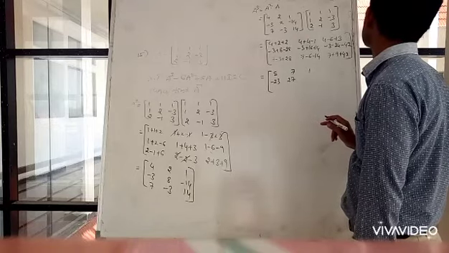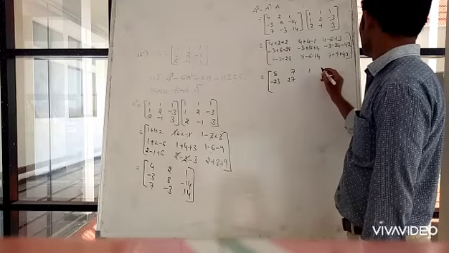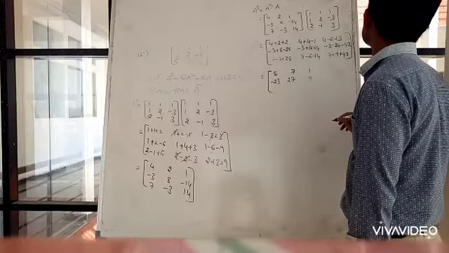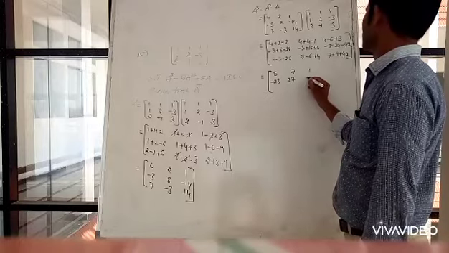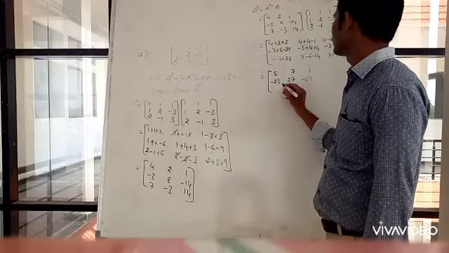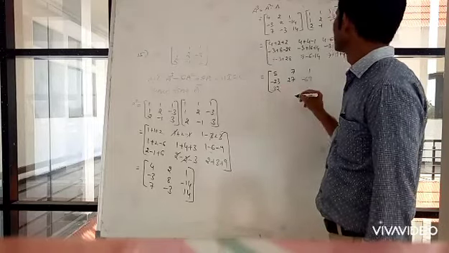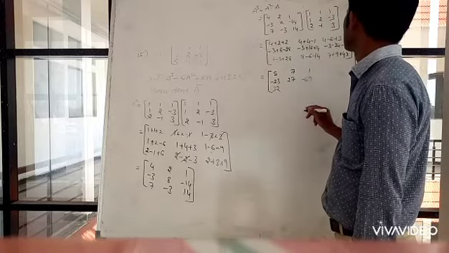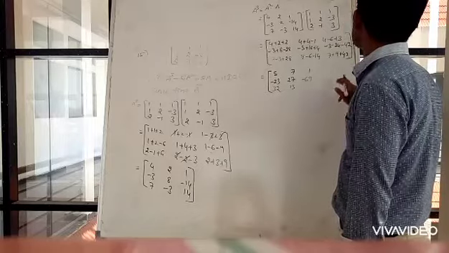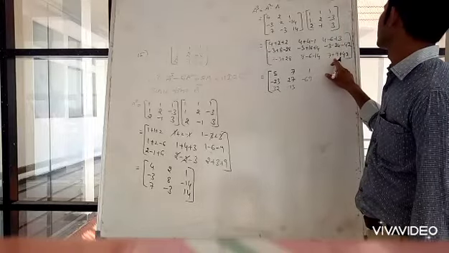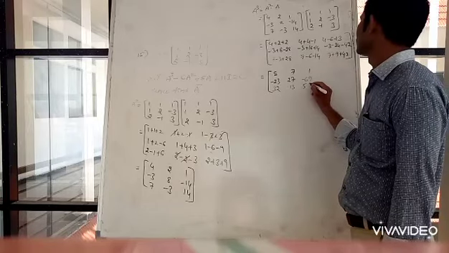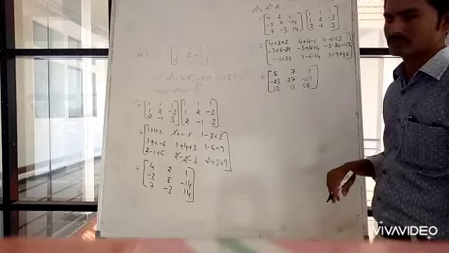Minus 27, minus 42. 69, minus 69. 7 minus 3 is 4, 4 plus 28 is 32. 7 minus 6 is 1, 1 minus 14, minus 30. So 42 plus 9 is 51, 51 plus 7 is 58. This is A cube.